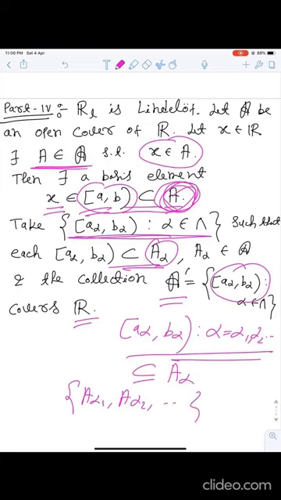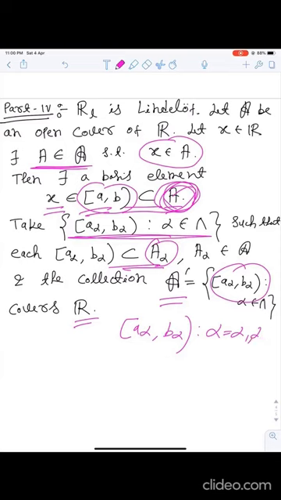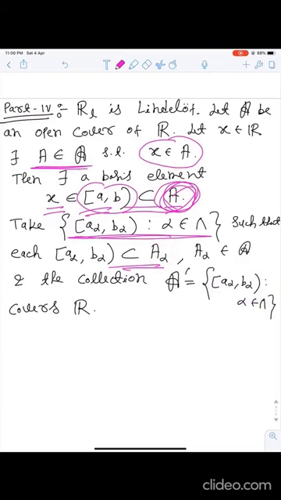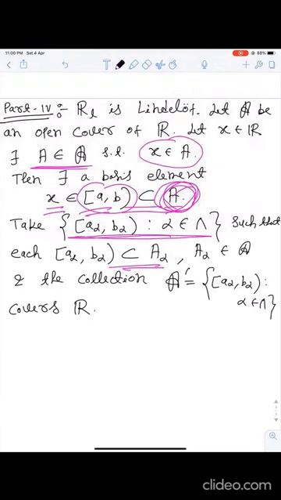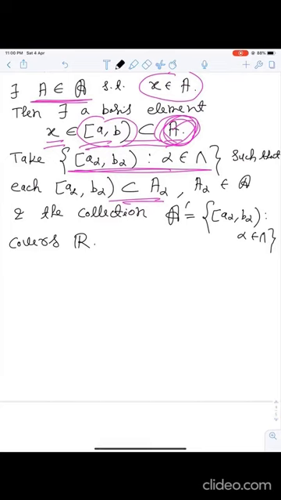Okay, now we will do this mathematically. First of all, let C be the subset of R which is the union over alpha of these open sets [A alpha, B alpha).